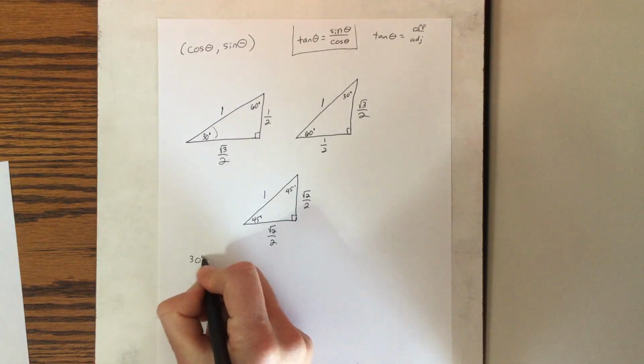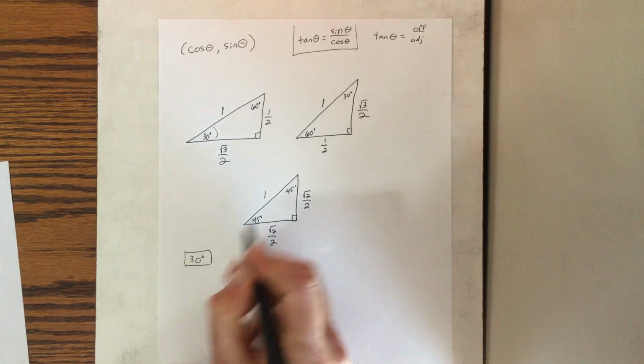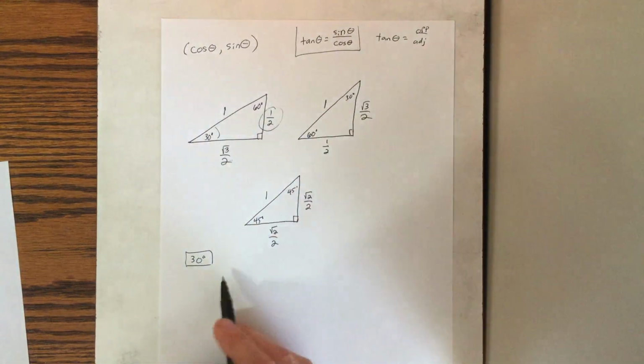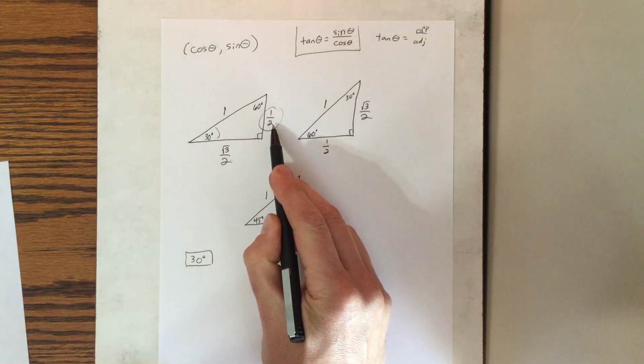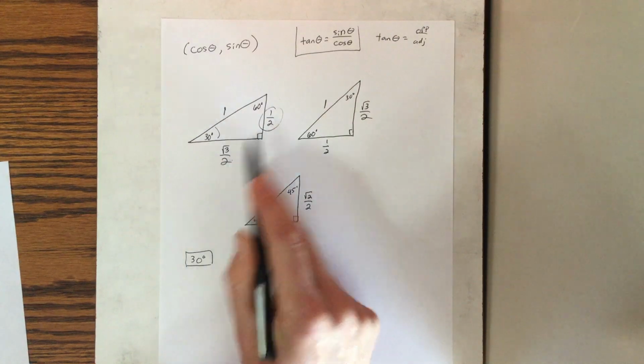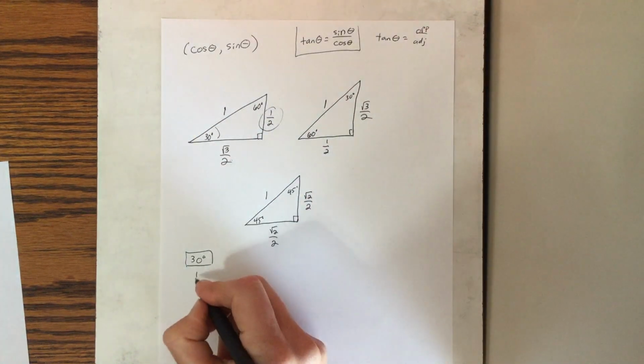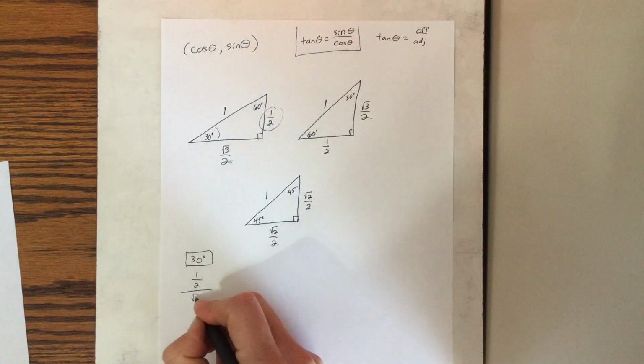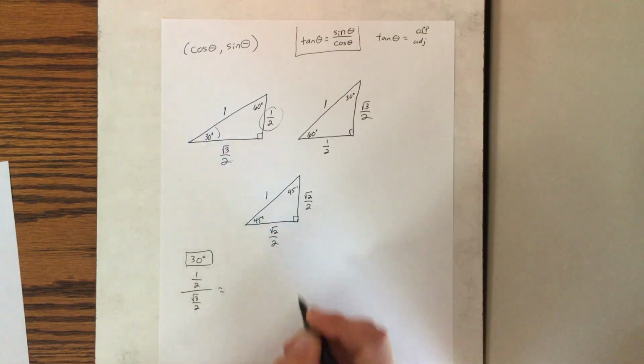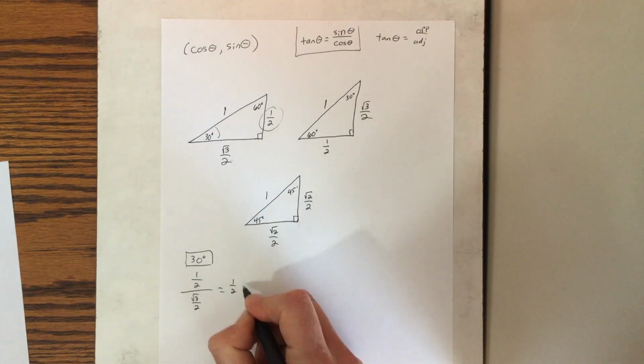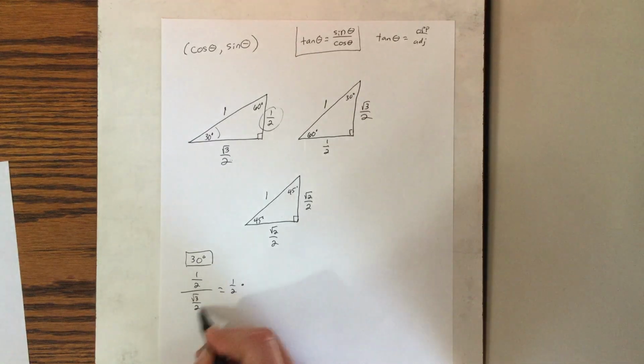So for our 30-degree reference angle, the tangent will be, again, the sine, the y-coordinate, over the x-coordinate, so 1/2 over root 3 over 2. This looks hideous, okay, but it's not too bad. This is just saying 1/2 times the reciprocal. If we're dealing with division, we can make it multiplication by flipping the fraction here.